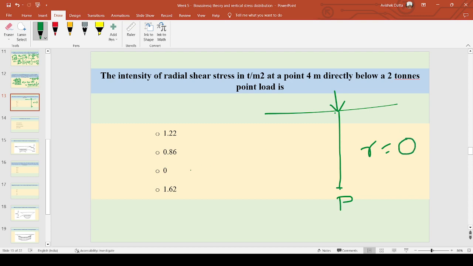So the value is 0 at exactly vertical from the point of action of force. The radial distance is 0, so the value of radial stress is 0.